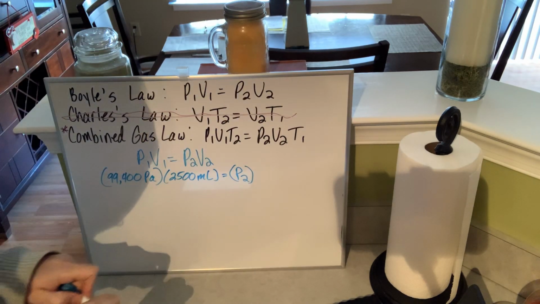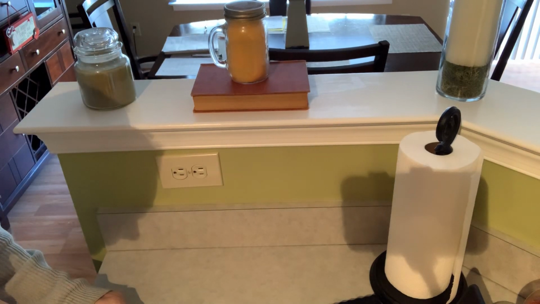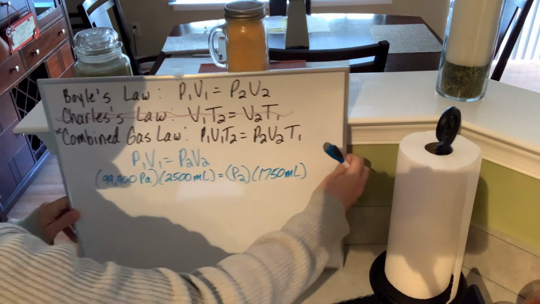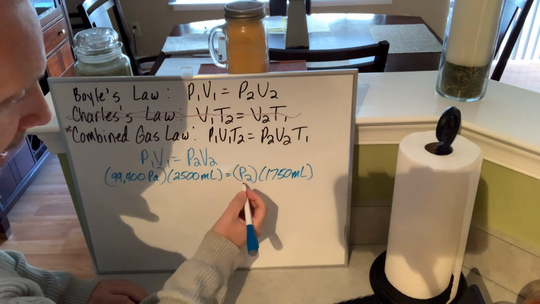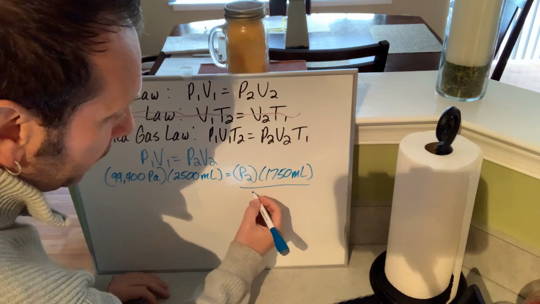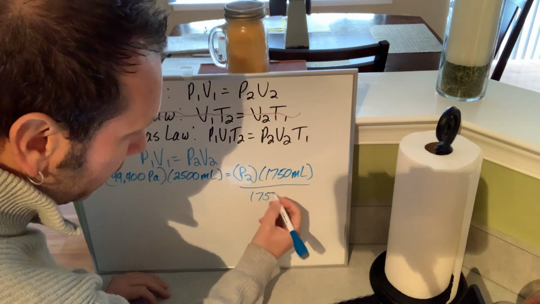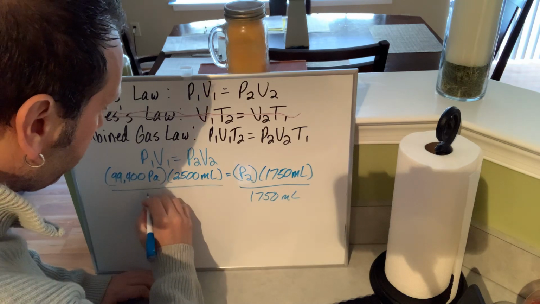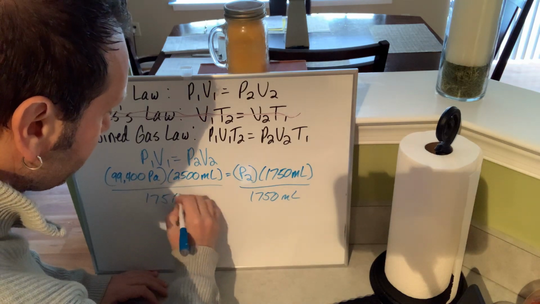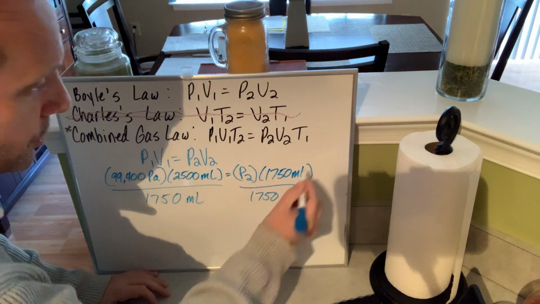All right. So the volume after the pressure is increased becomes 1,750 milliliters. And I have a very simple algebraic equation set up like this, okay? Now what I'm going to do is get P2 on its own. So I'll divide by 1,750 milliliters on both sides of my equation.